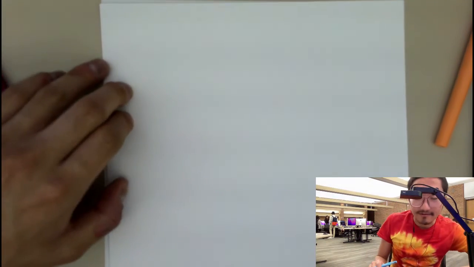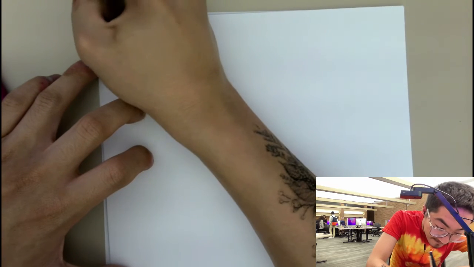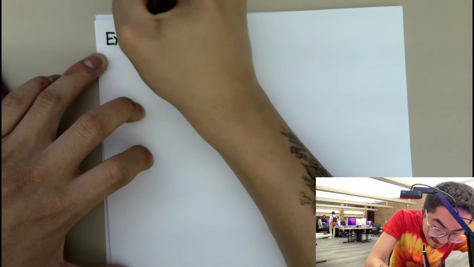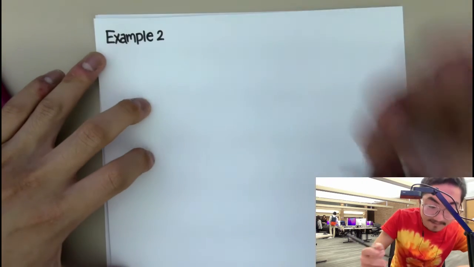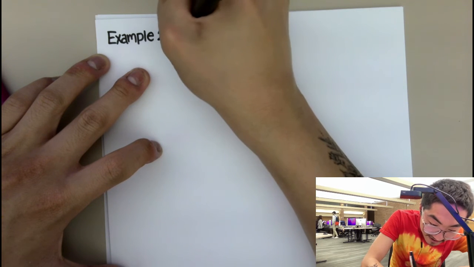Now let's do another one, because I think it's an easier concept, so I would not make a long video on this one. So the last example is example number 2. We just approximate.